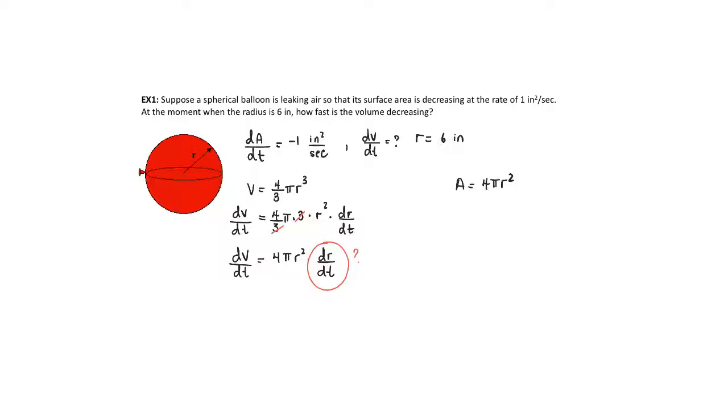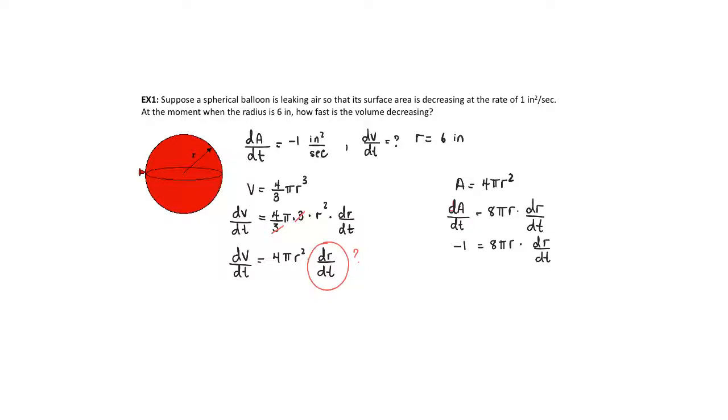So that means that perhaps I can find dr by dt by using surface area. Because if you remember, I do know the rate of change of the surface area. If I differentiate, again, implicitly, dA by dt is going to be equal to 8 pi r times dr by dt. dA by dt is -1, so -1 equals 8 pi r times dr by dt.